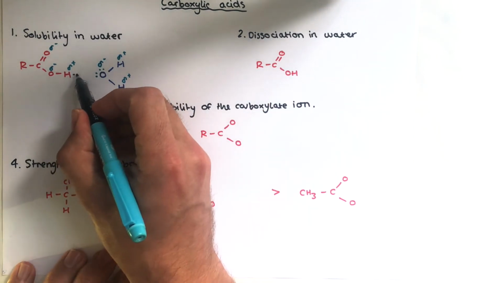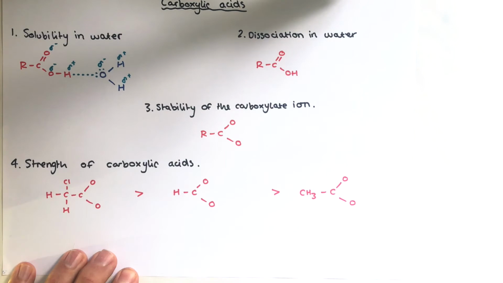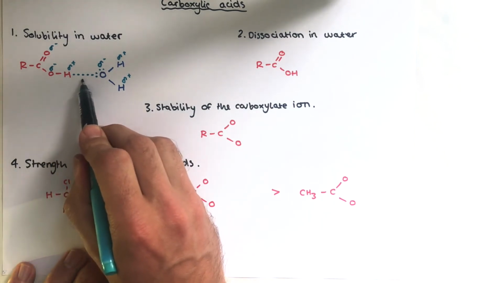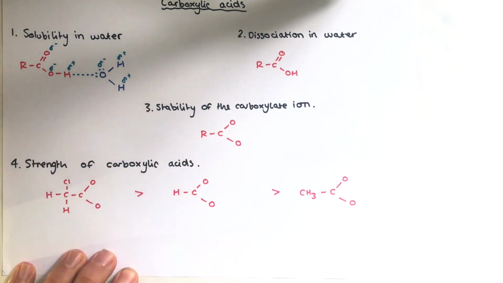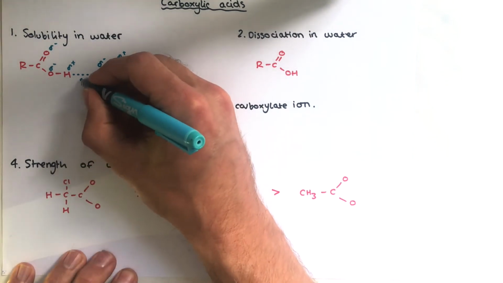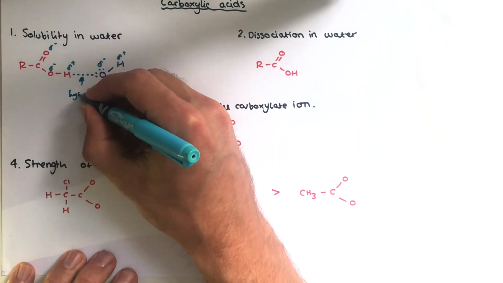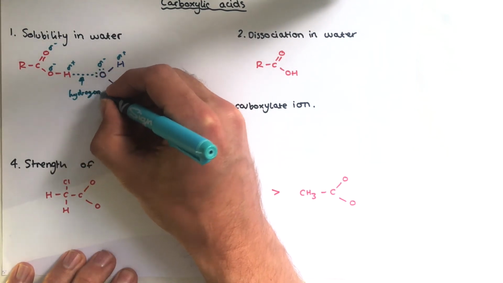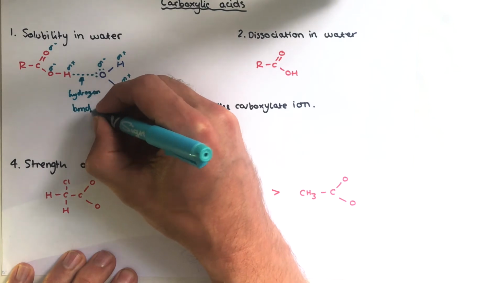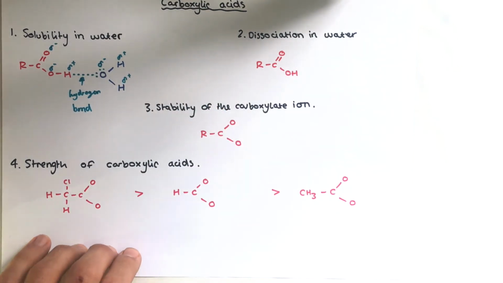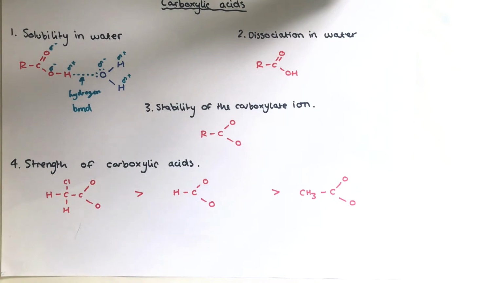In between the two, you then want a straight dotted line that shows a 180-degree bond angle between these two bonds here. That's our hydrogen bond there. So make sure you label the hydrogen bond in your molecule. That explains the solubility of a carboxylic acid in water. That's a simple diagram, you just need to learn it.